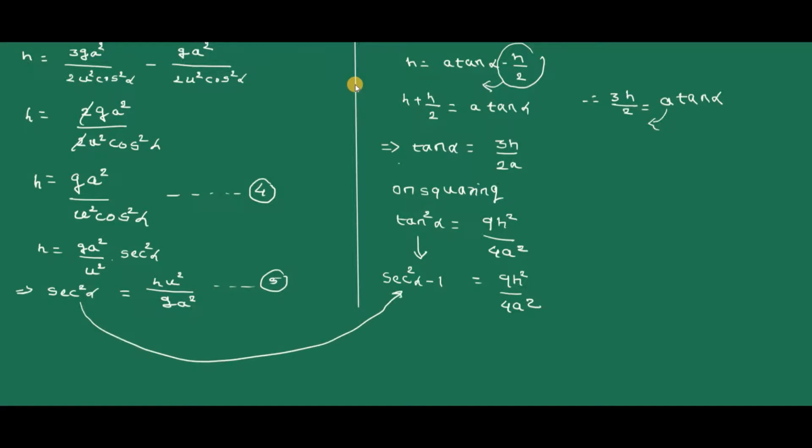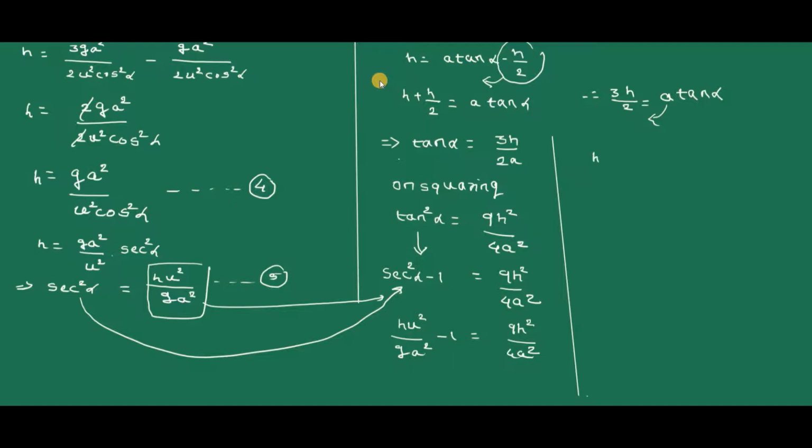If you substitute, you will get hu square divided by ga square minus 1 is equal to 9h square divided by 4a square. Now by using this, find the value for u square.